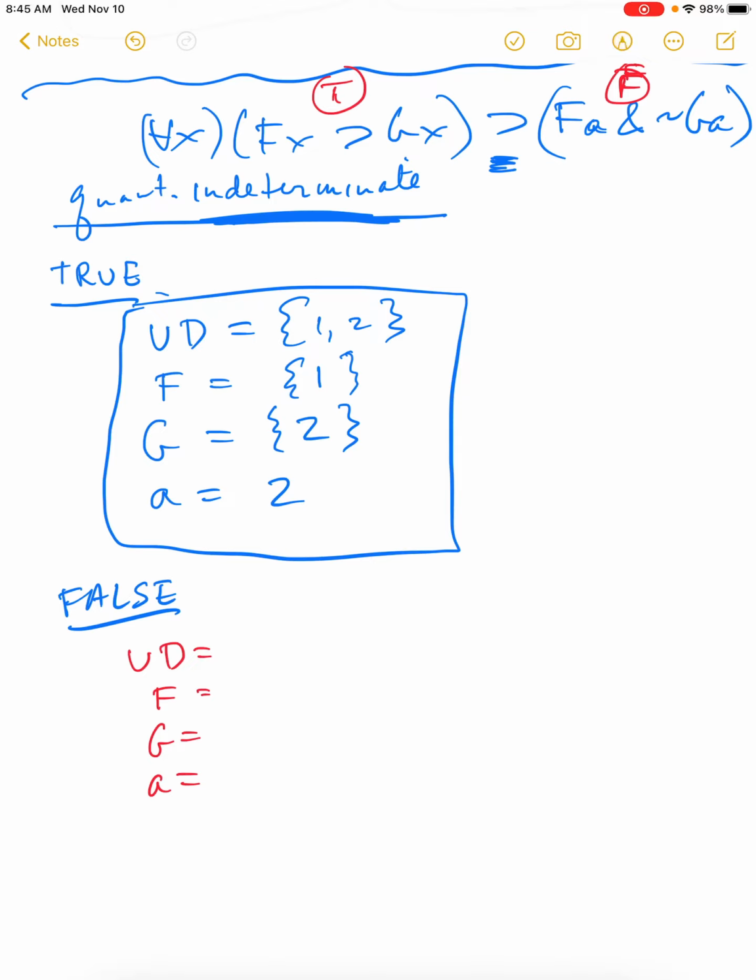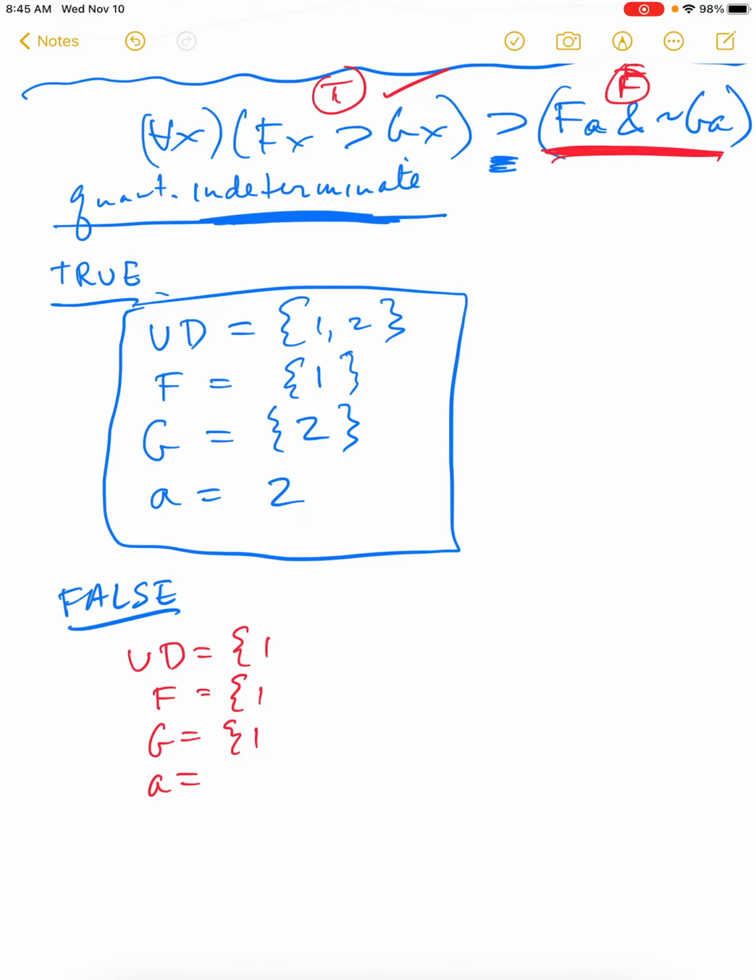Okay, so everything that's F is G. Why don't we put something into the extension of F, and we also put it into the extension of G? Okay, so we've made that true. But now we want the consequent to be false. Of course, there are an infinite number of ways we could do this. I'm just doing this in the way that strikes me initially, in a simple way.